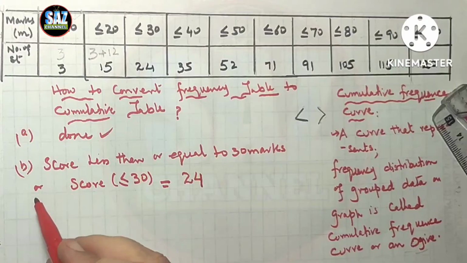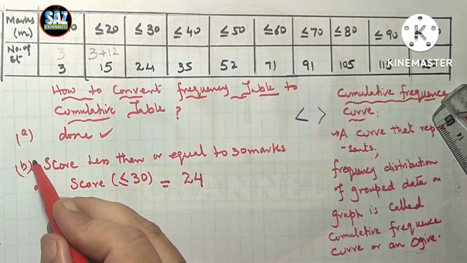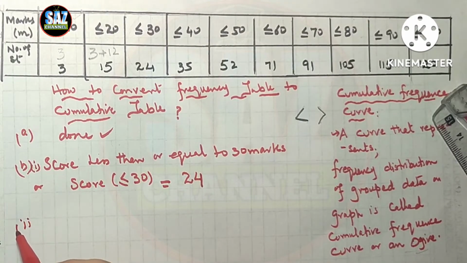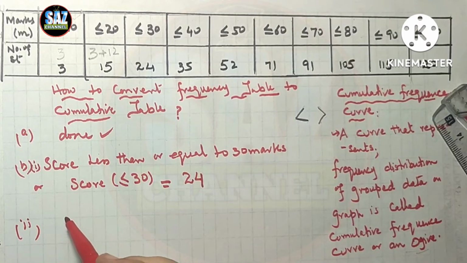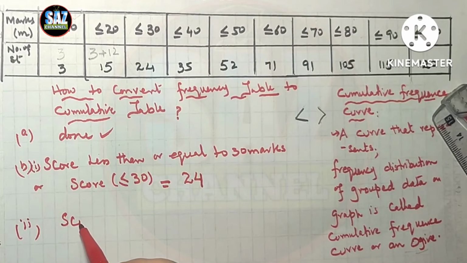And the next part is B first part, and the second part is more than 80 marks. Score more than 80 marks.